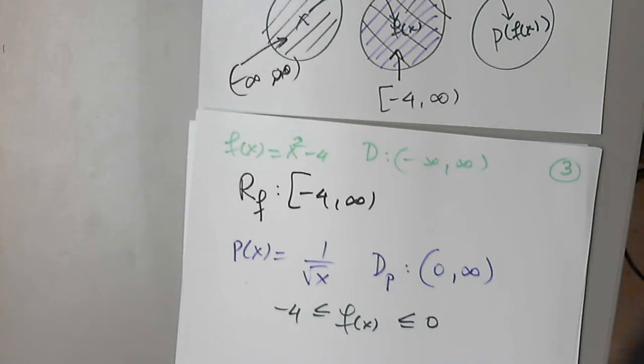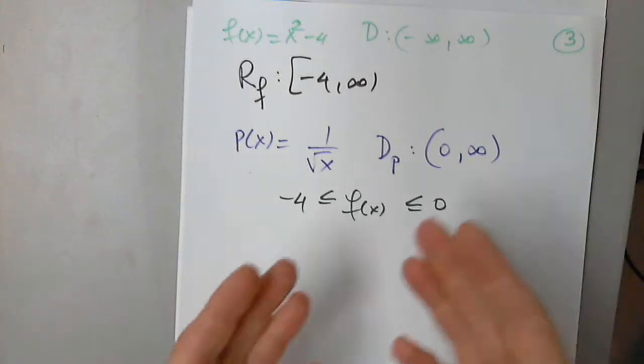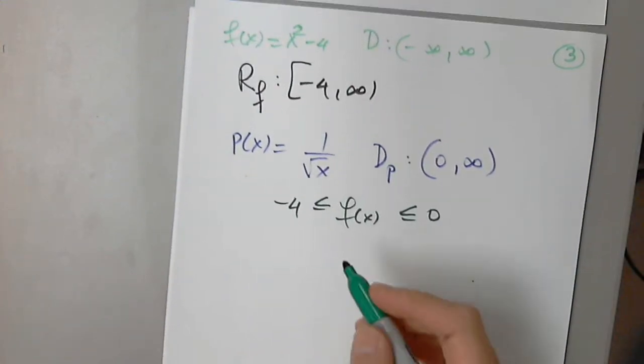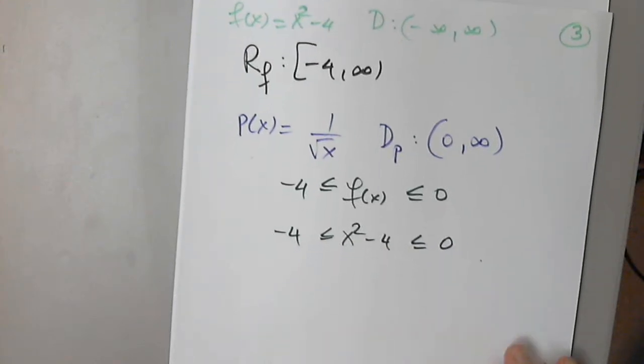So okay, I can exclude them from here. So f of x is x squared minus 4. I replaced f of x by x squared minus 4, and now I'm trying to solve this compound inequality.